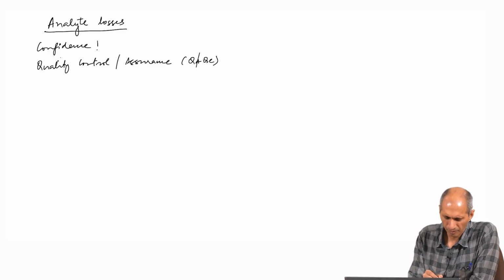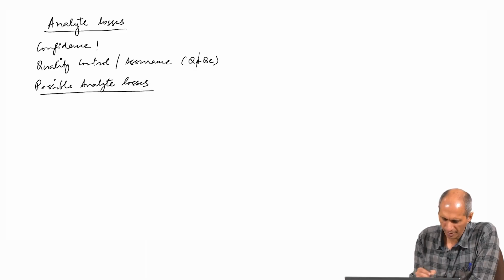So in terms of analyte losses, we look at what the possible analyte losses are and where they occur. These possible analyte losses occur first in the transportation of the sample.